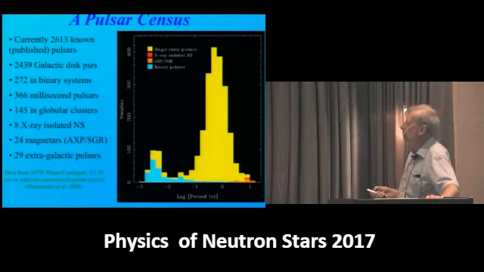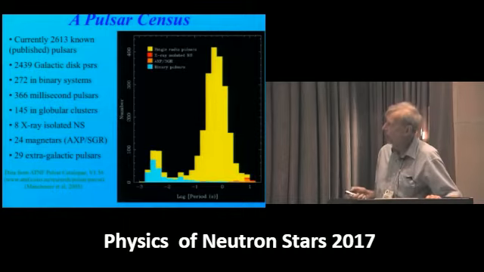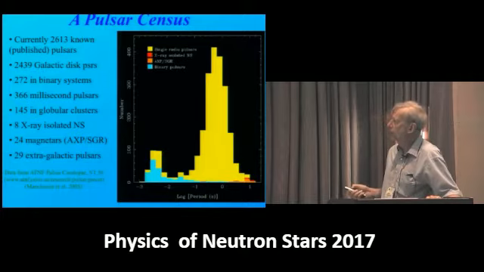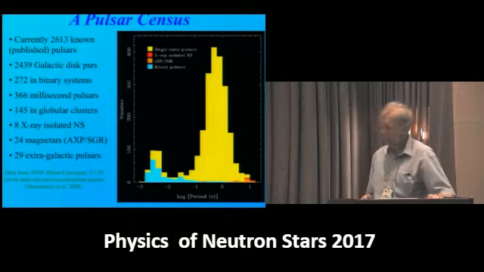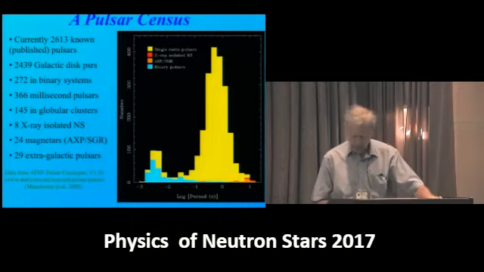Most of the millisecond pulsars are binary, indicated by the blue colour, and many of the millisecond pulsars are in globular clusters. So I won't be talking about these source classes in this talk, but I will talk quite a bit about millisecond pulsars and normal pulsars.